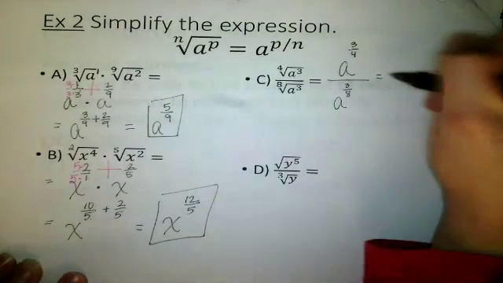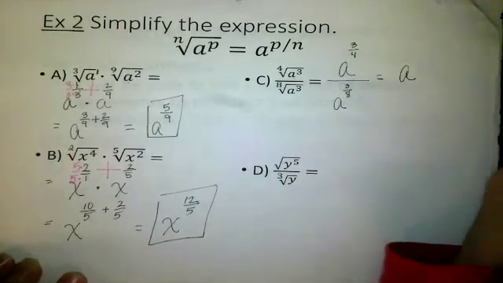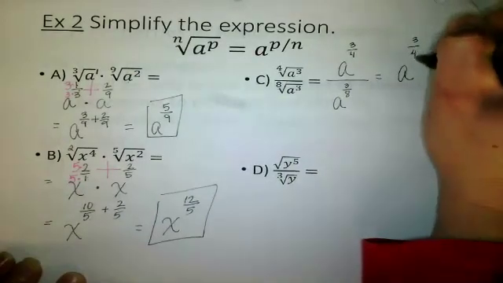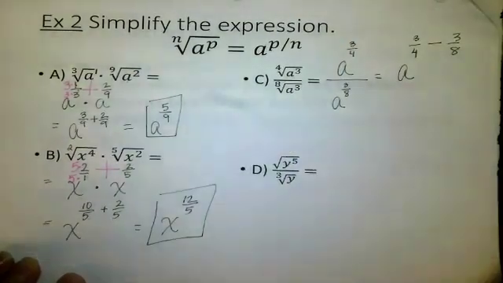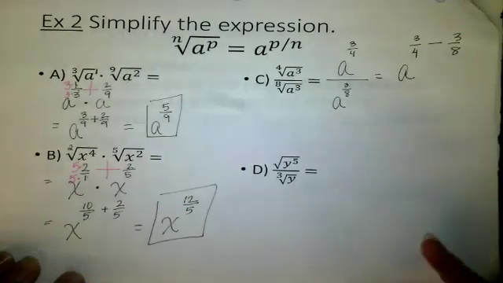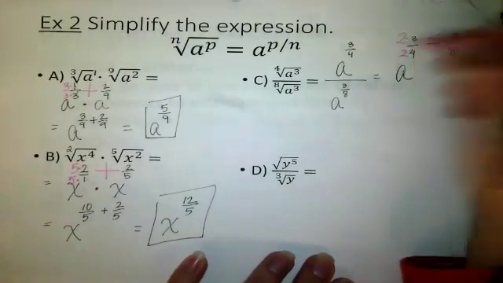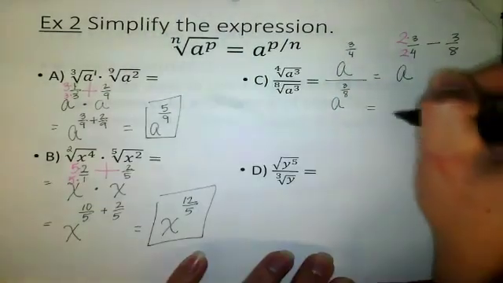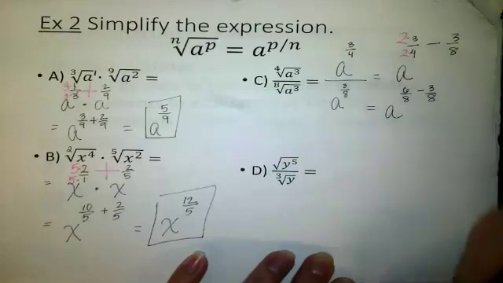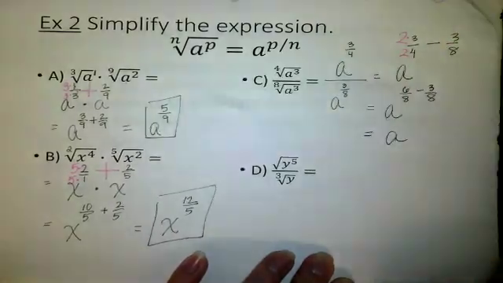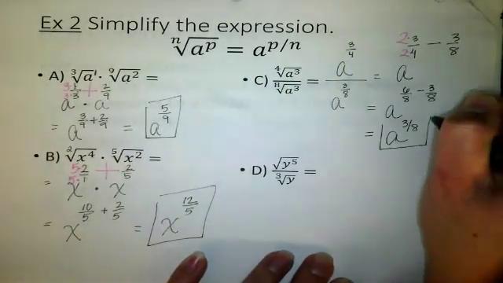And so now what do we get to do to those exponents? Subtract them. 3/4 minus 3/8. We're going to subtract the exponents. What do they need? Common denominator. So I'm going to multiply by 2, top and bottom. That gives me a to the 6/8 minus 3/8, which is a to the 3/8.